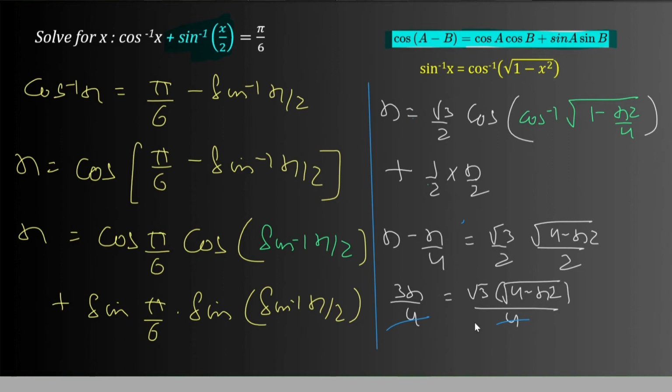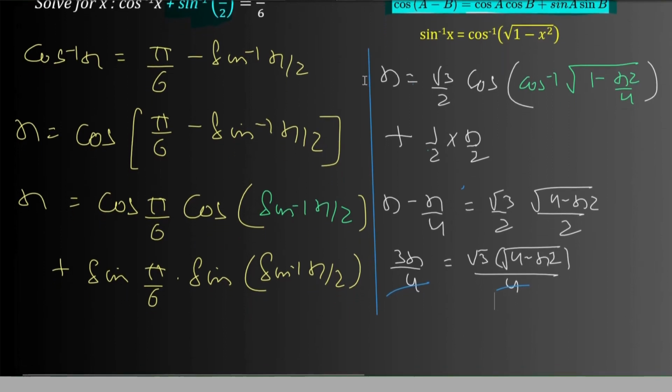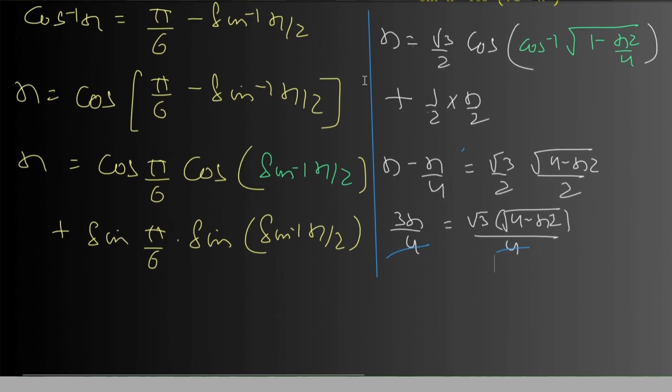So next is to do squaring both sides, right? I'm going to do squaring both sides over here. So on squaring both sides, this is how much? This would give you 9x square. And square of root 3 is what? 3, and square of this whole under root will be 4 minus x square.